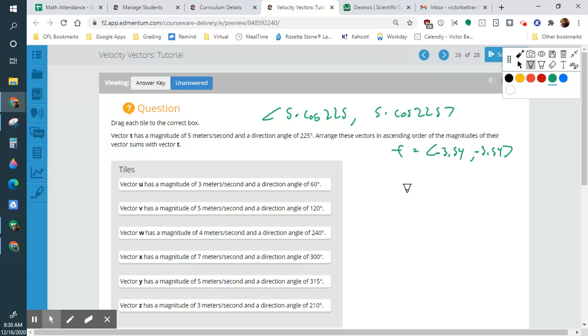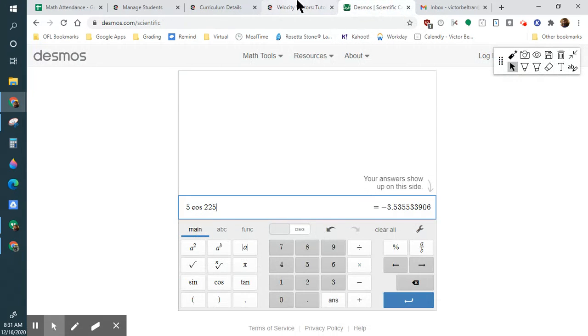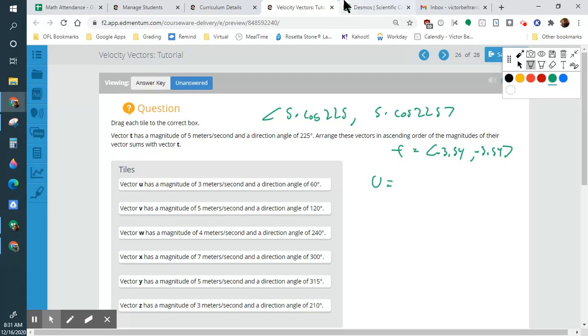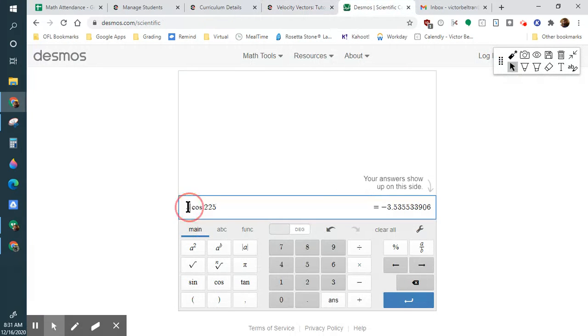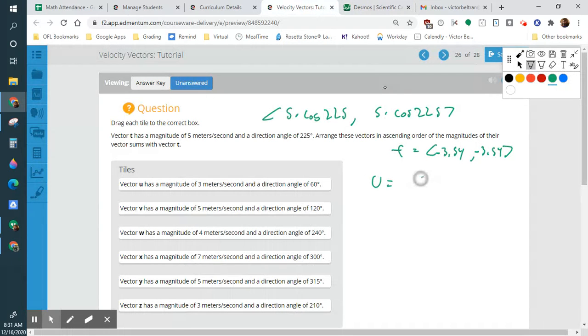All right, so now we need to do u. The magnitude is 3, and we're doing 60. So 3 cosine of 60 works out to 1.5.